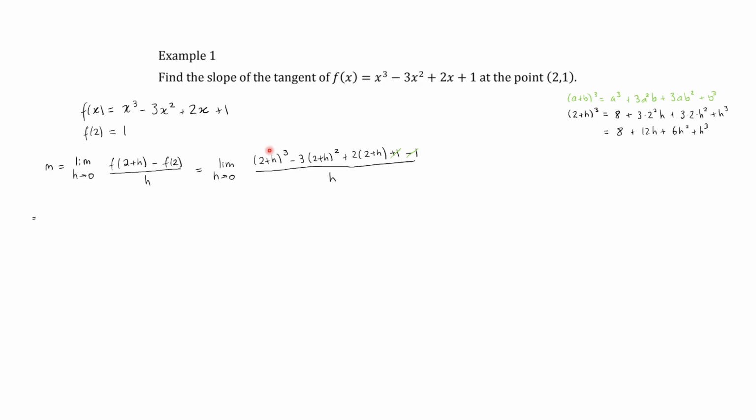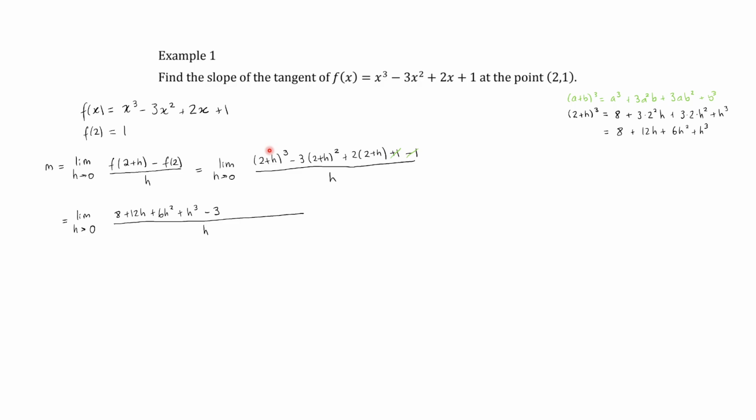equal to the limit as h approaches 0 of 8 plus 12h plus 6h squared plus h cubed. And now we are also going to have to use our binomial formula to expand the rest of the terms.